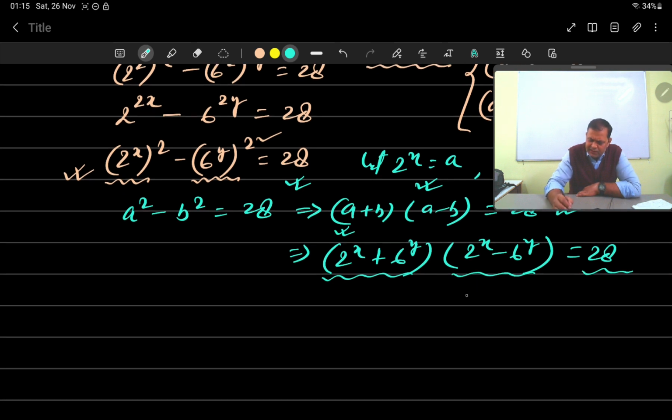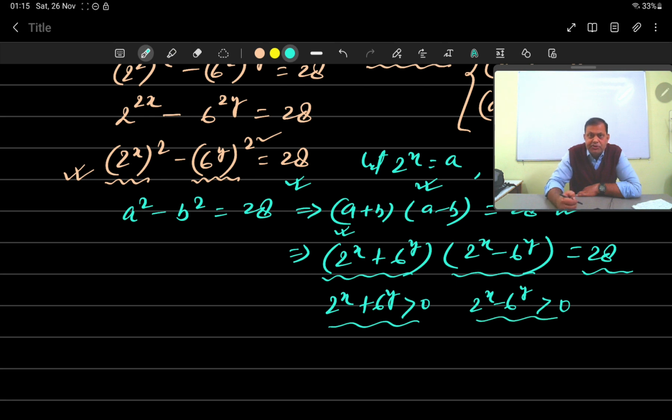This means 2 to the power x minus 6 to the power y is greater than 0, and 2 to the power x plus 6 to the power y is also greater than 0, because if you multiply both these terms, you get a positive number 28.